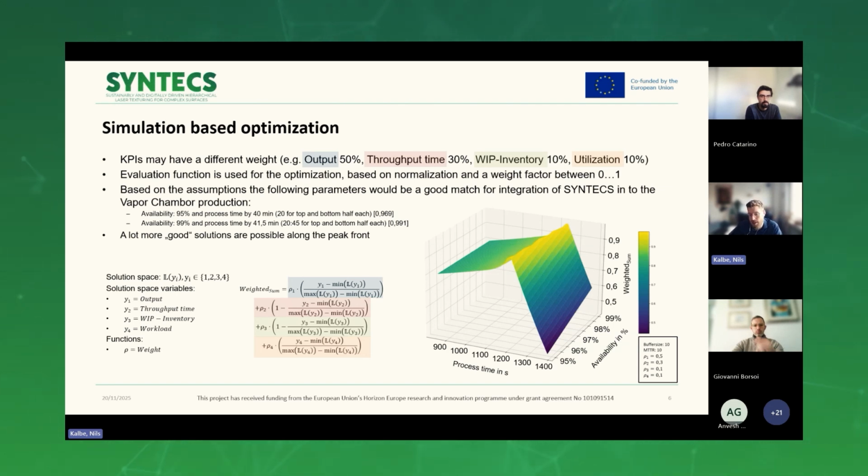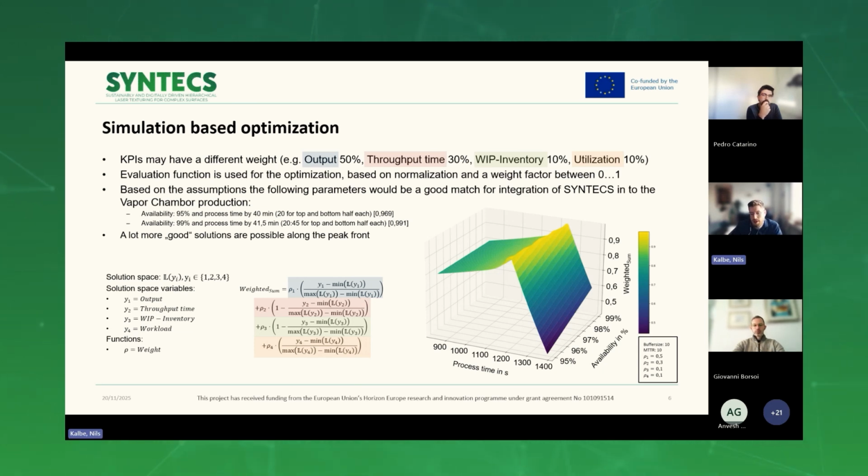So we fixed the buffer size in that scenario and the mean time to repair to 10 minutes and a specific weight scenario. And what you can see here is, if you have a high process time for the syntax machine, the weighted sum is quite low.